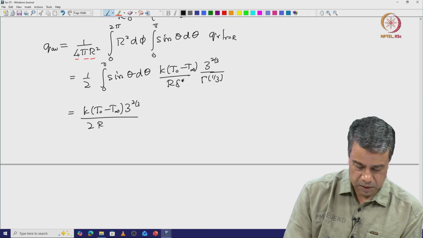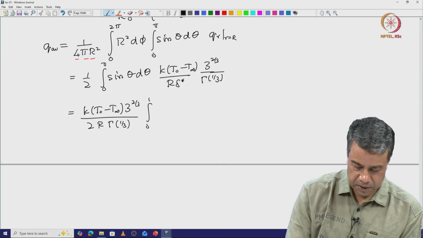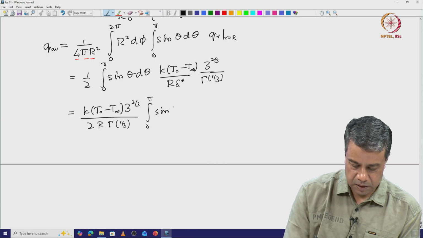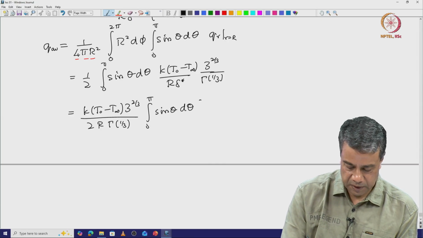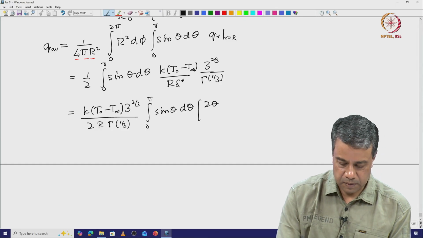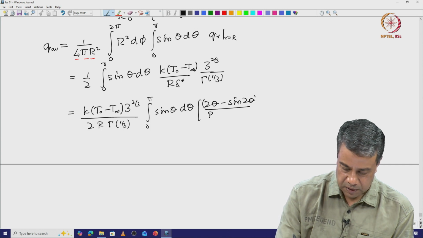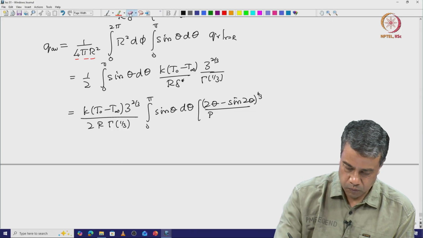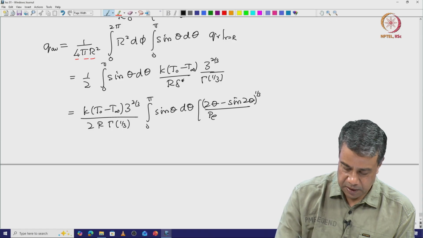So this is equal to k into T naught minus T infinity into 3 power 2 by 3 by 2 R gamma of 1/3, integral 0 to pi sin theta d theta into 2 theta minus sin 2 theta, divided by whole power 1/3, by Peclet number power 1/3 into sin theta.